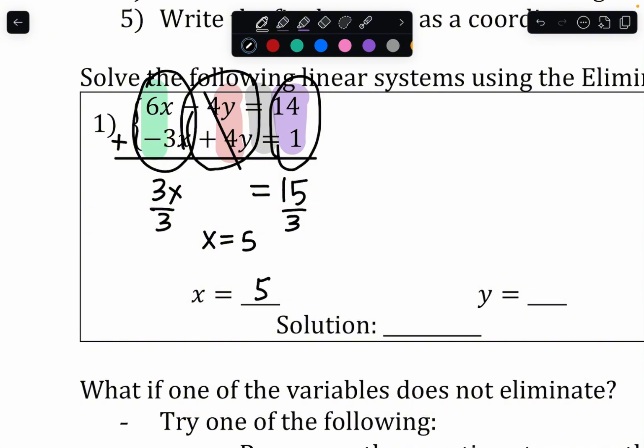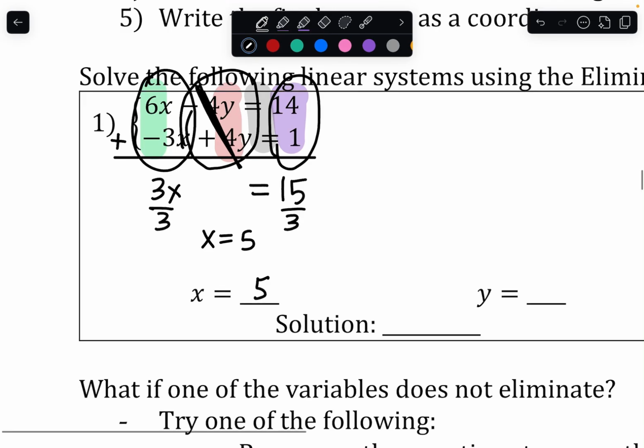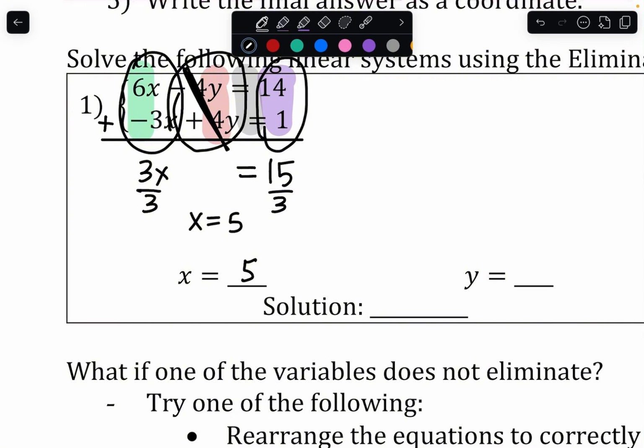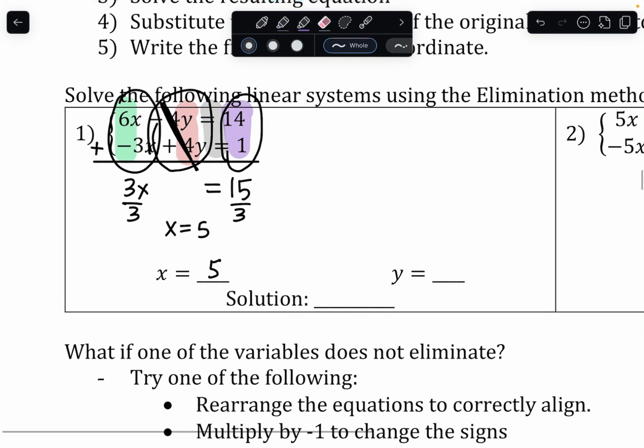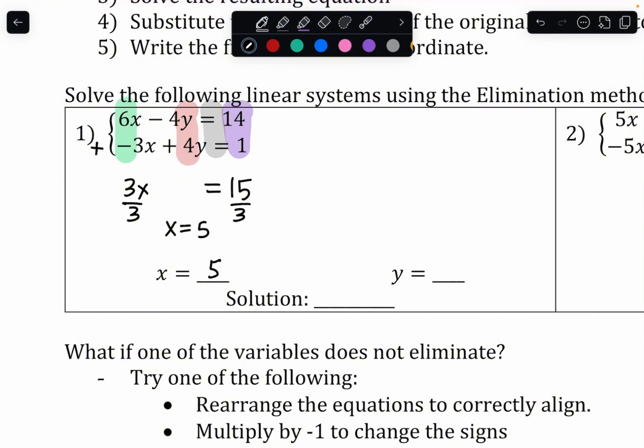Okay, and so once one variable is eliminated, you are able to solve for one variable. All you have to do after that is go back to your system and pick either equation to solve for the y. And so I'm going to use this equation, negative 3x plus 4y equals 1, but now we know x is 5.